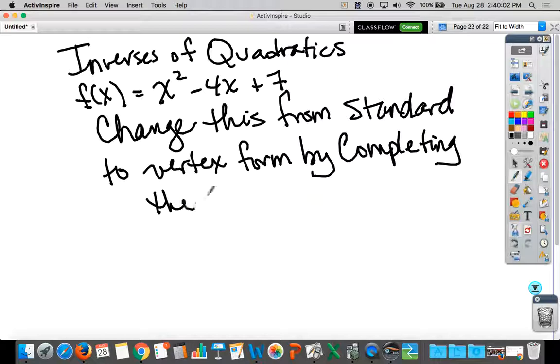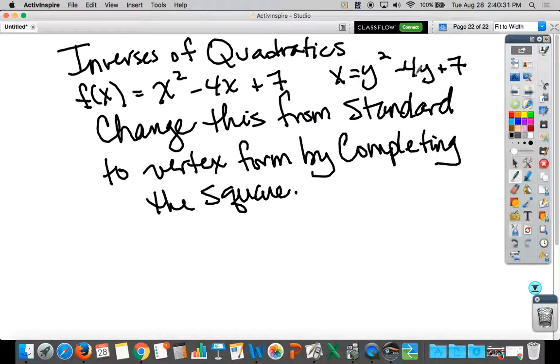We never get away from anything. We don't stay gone from it long. So that's one thing you have to remember. Somehow you've got to commit that to memory, that if you're asking for the inverse of a quadratic, because you don't want this x equals y squared minus 4y plus 7 business here.